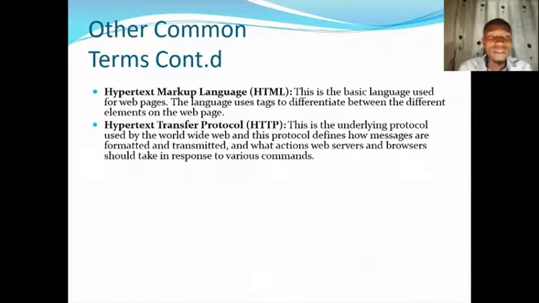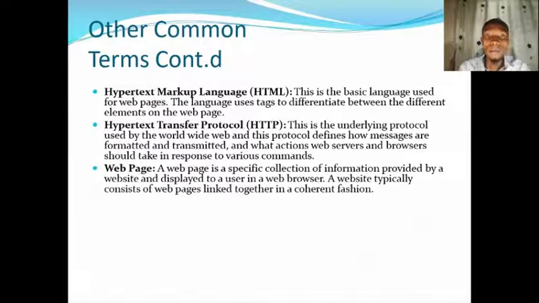Then we have another one, the web page. A web page is a specific collection of information provided by a website and displayed to a user on a web browser. A website typically consists of web pages linked together in a coherent fashion.